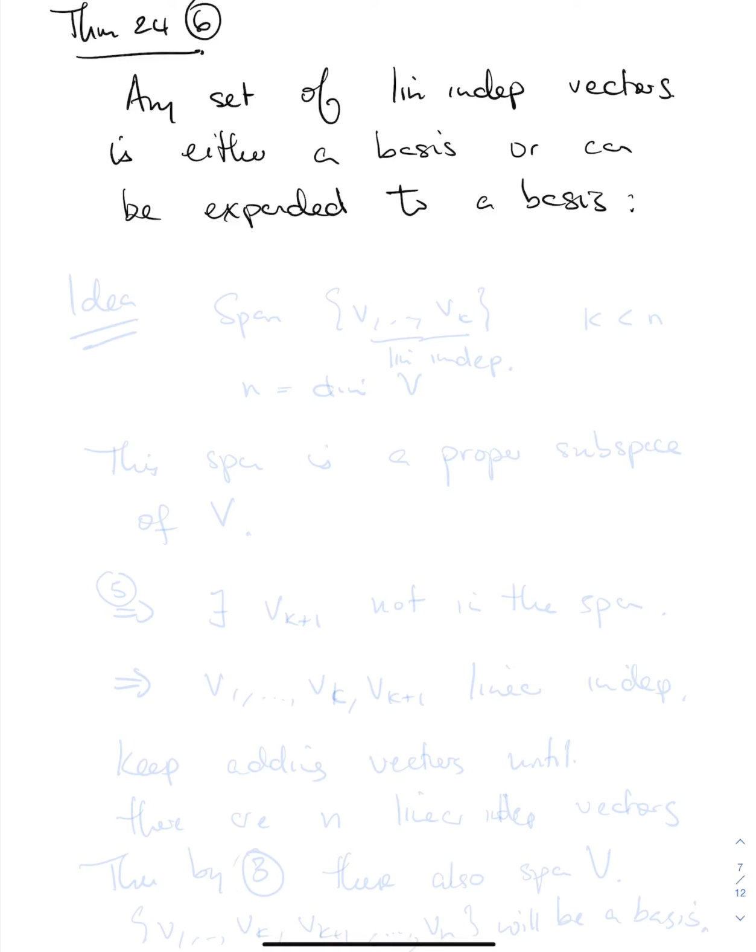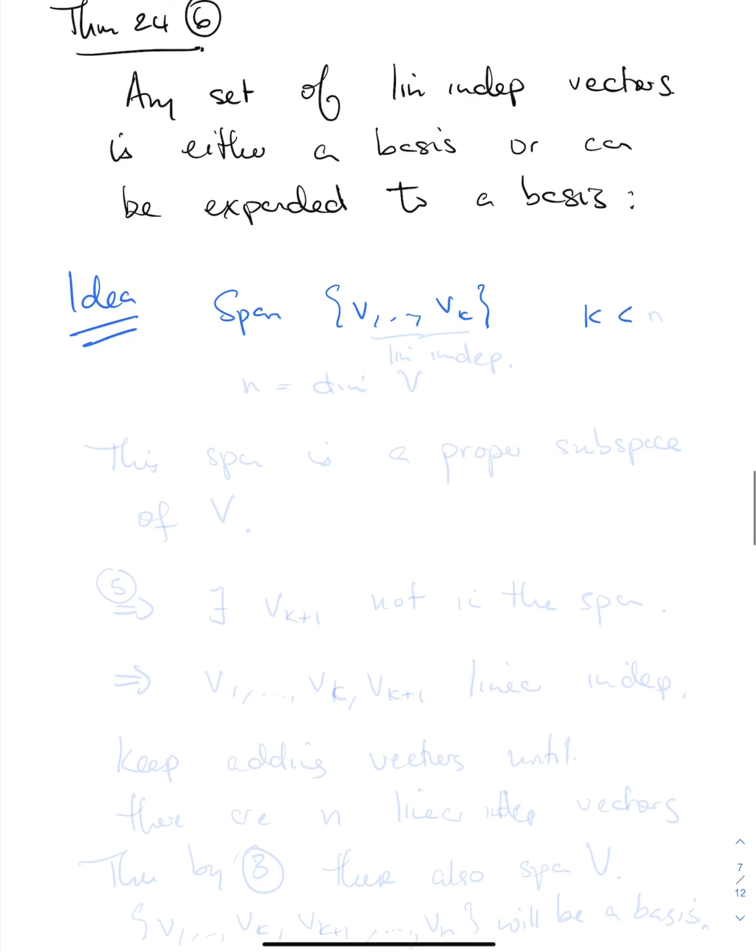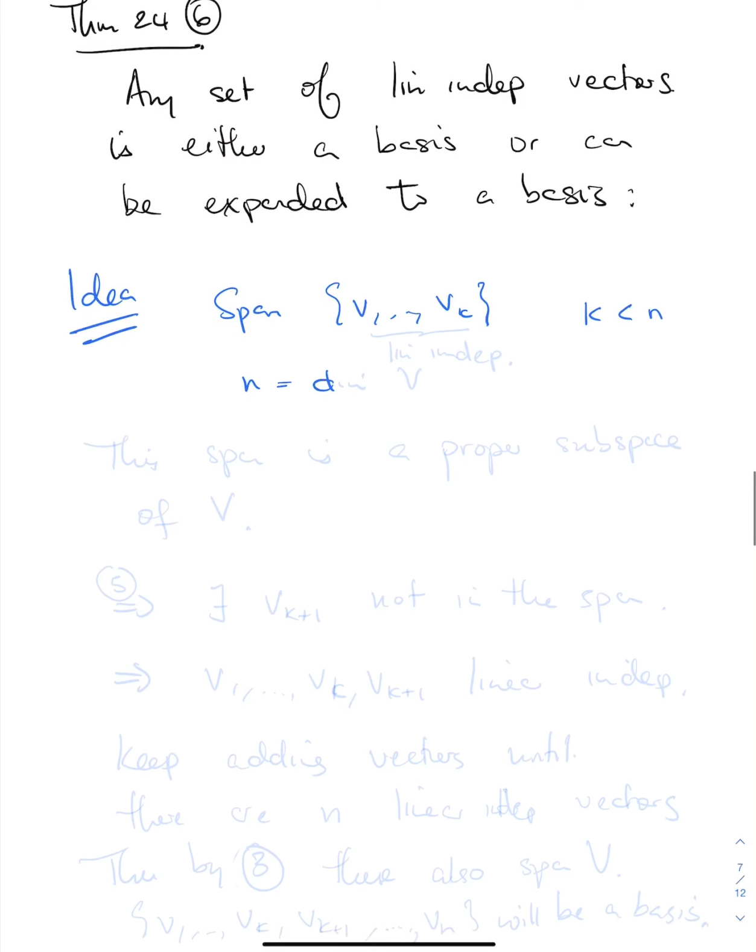All right, here's the idea why this might be true. Say we're looking at the span of V1 through Vk, where k is less than n, and n is the dimension of V. Then this span is a proper subspace of V. Say these V1 through Vk are linearly independent.